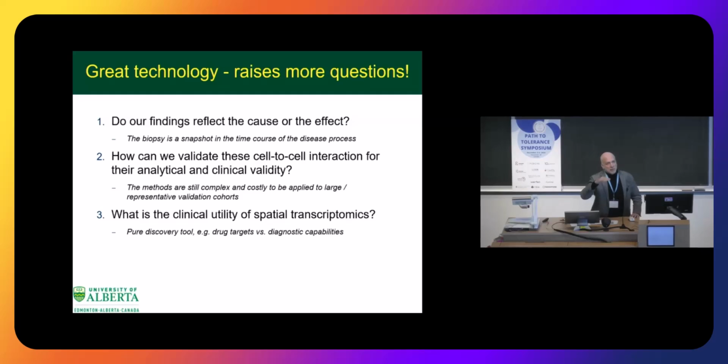But what I am wondering about with spatial technologies is, can we Banffize this and essentially get a molecular tubulitis score? A preset panel of genes which measures all the genes in 100 tubules, like I do looking for counting lymphocytes for tubulitis.